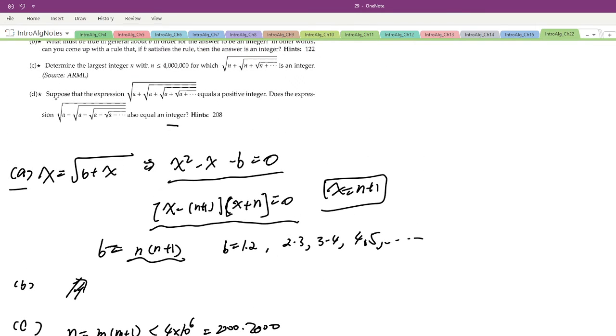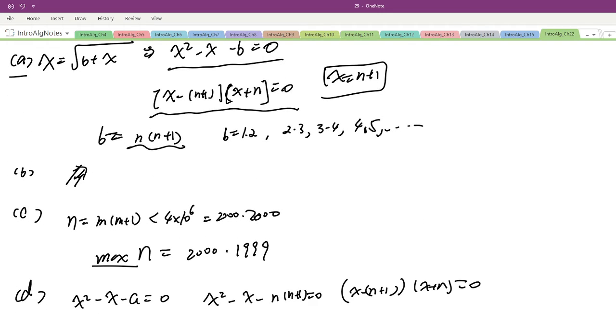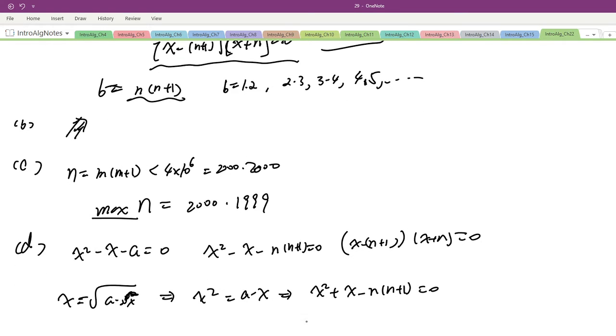Now the second case: x equals the square root of a minus x. So x squared is equal to a minus x, and x squared plus x minus n times n plus 1 equals 0. Then we have x plus n plus 1 and x minus n equals 0.